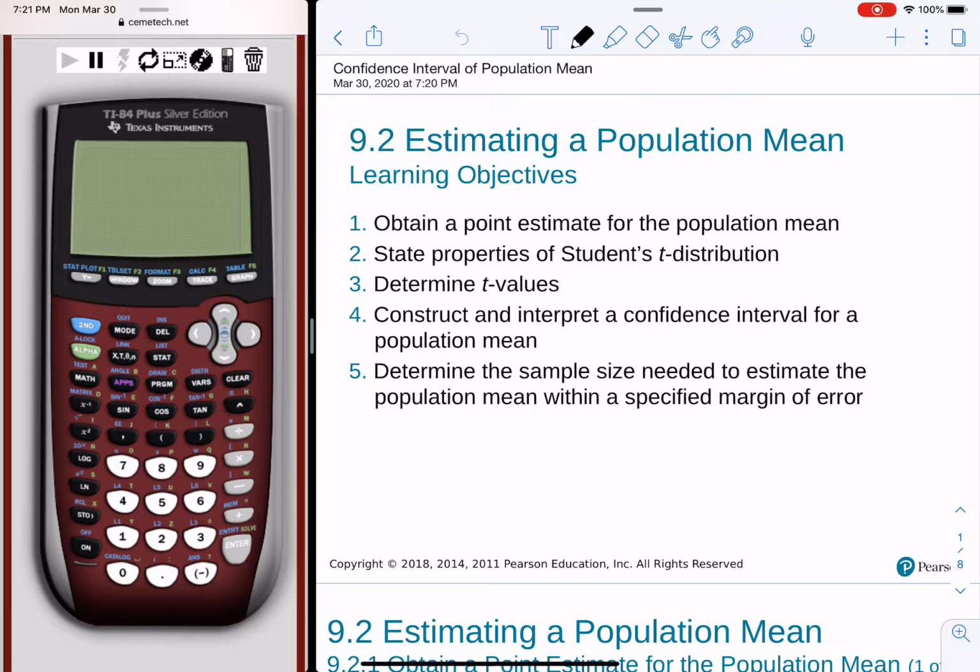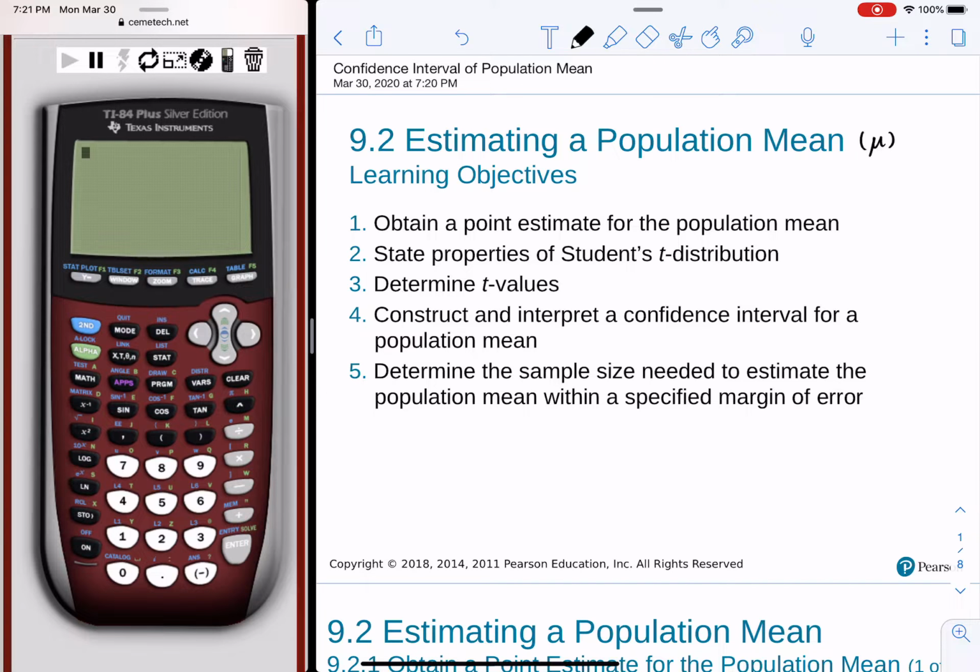Just like we estimated population proportion, we can find an estimate for the population mean, which we usually denote by mu, and find an interval using the point estimate.